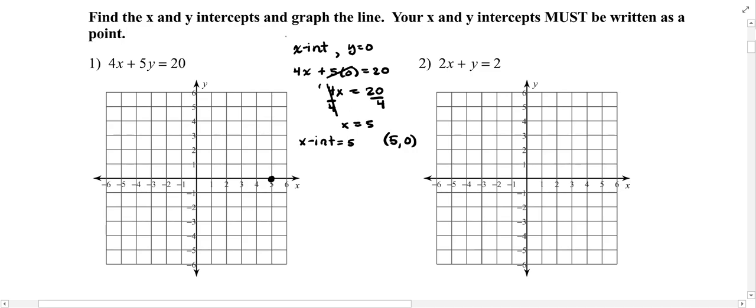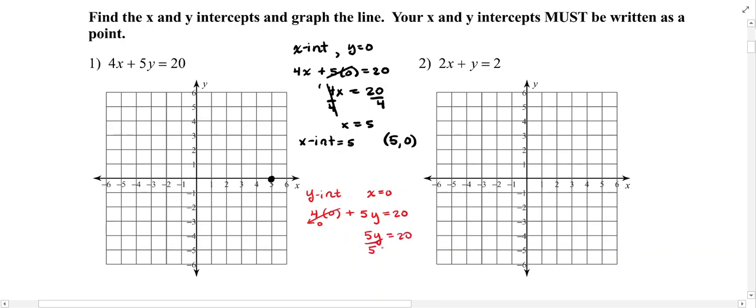That's our x-intercept. Okay. Now let's find the y-intercept. For the y-intercept, your x is going to be 0. So let's go ahead and substitute. This time it's 4 times 0 plus 5y equals 20. This is 0. We have 5y equals 20.